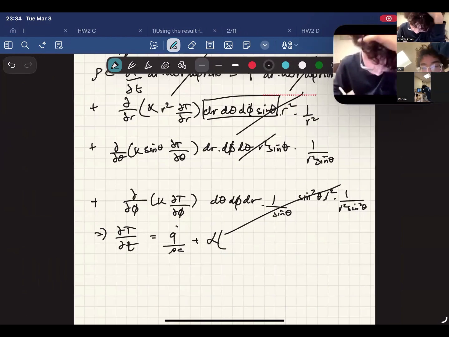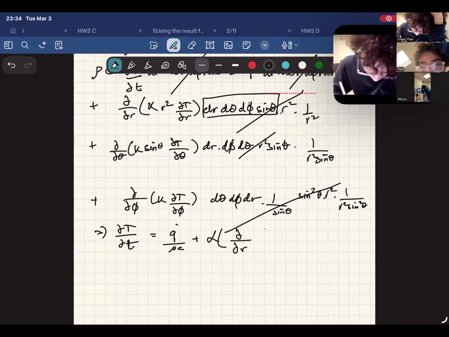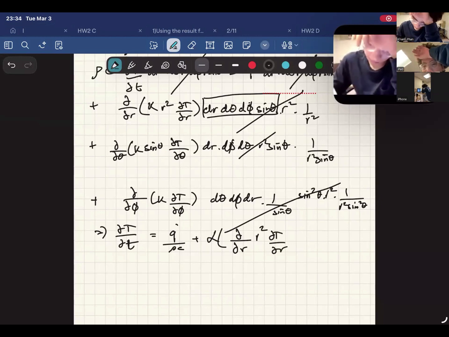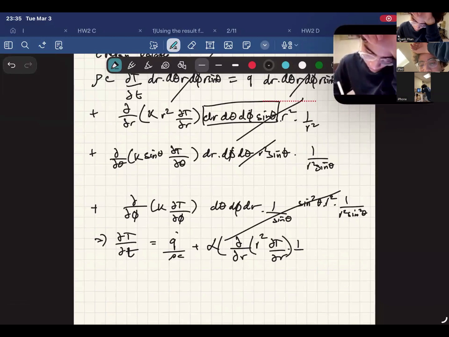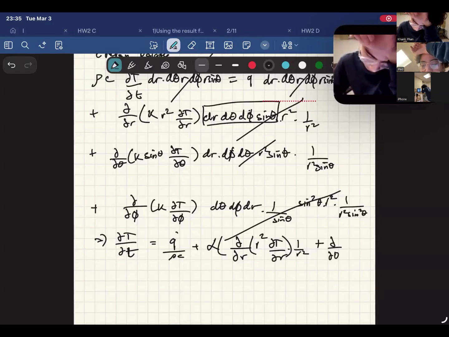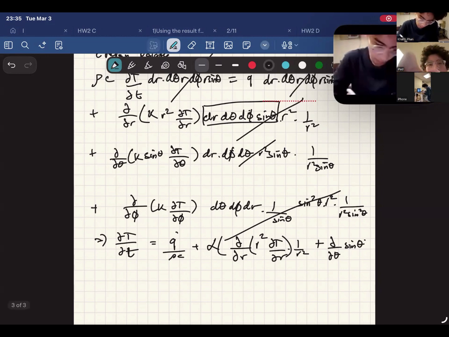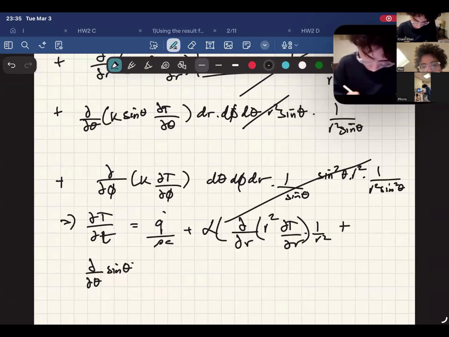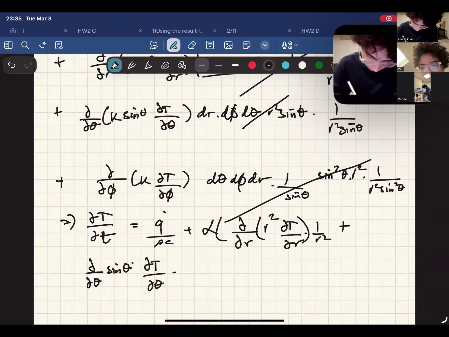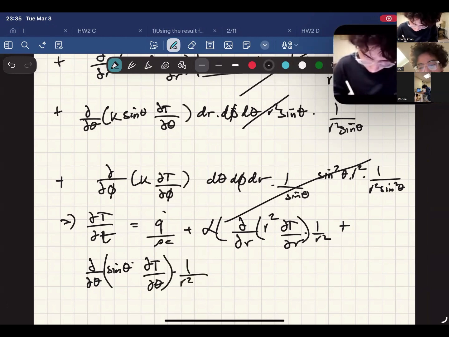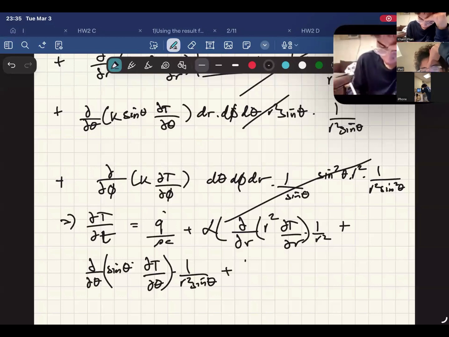So like k over density heat capacity is equal to derivative of dr, R square dT dr, times 1 over R square, plus d d theta times sine theta dT d theta times 1 over r square sine theta, plus d theta times d phi.